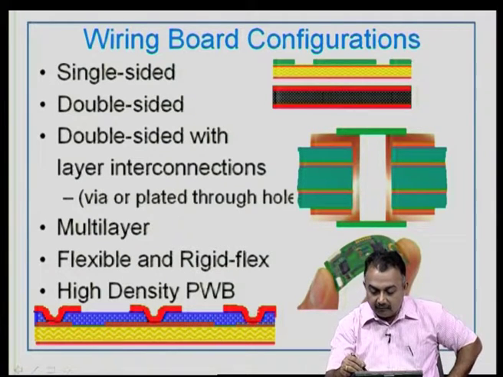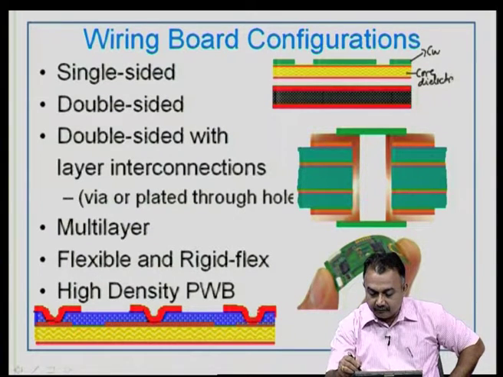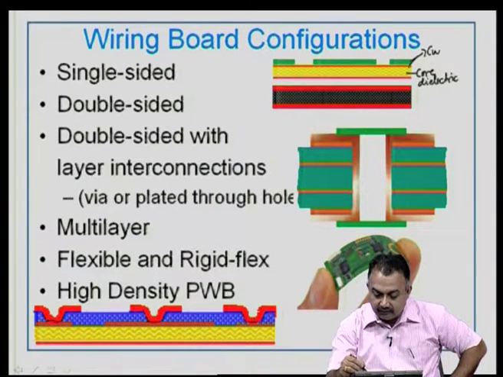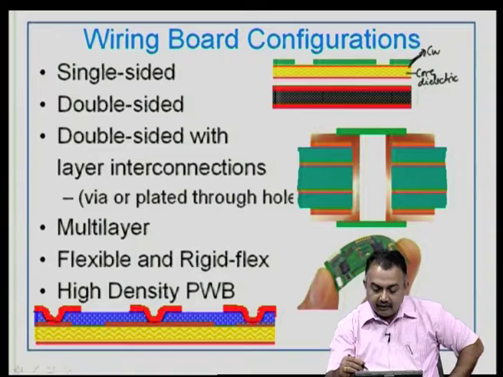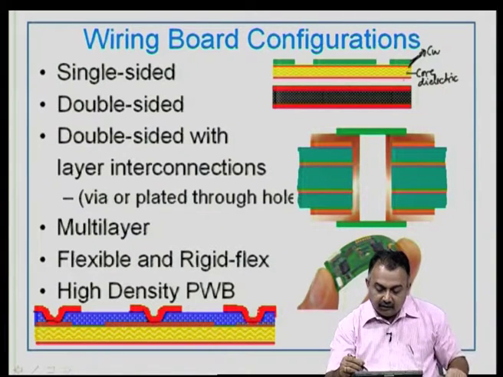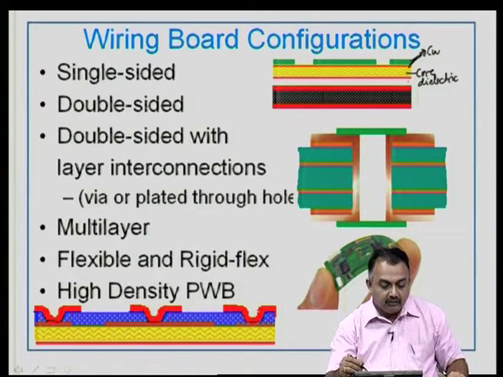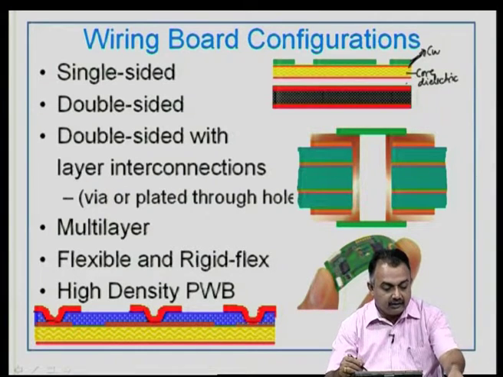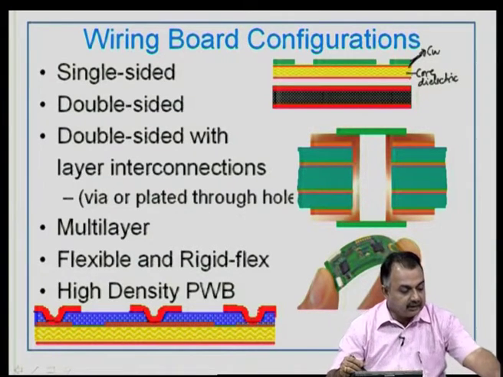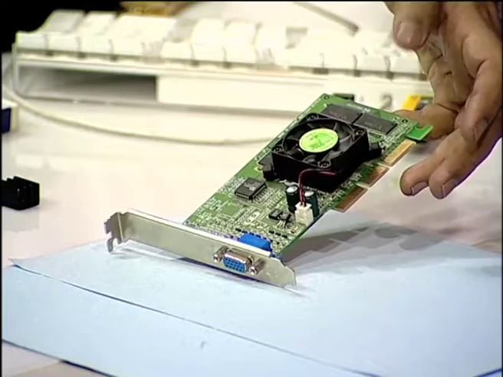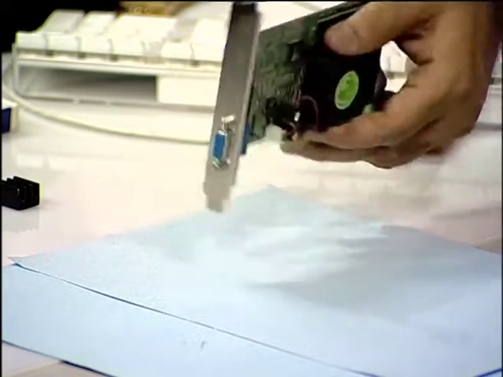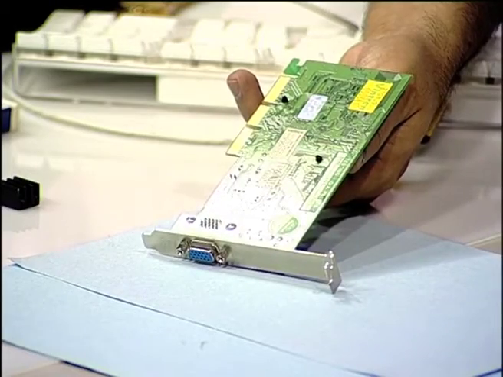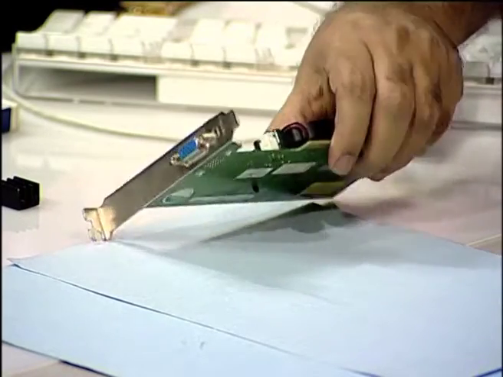That it has copper on one side, this is the copper, and this is the core dielectric, okay, and this is the copper here that you see, and you can see that on the other side there is no copper. So, typically in this case this is a single sided board. The assembly is done on one side, on the other side there is no assembly done. Okay. So, this is a single sided board.